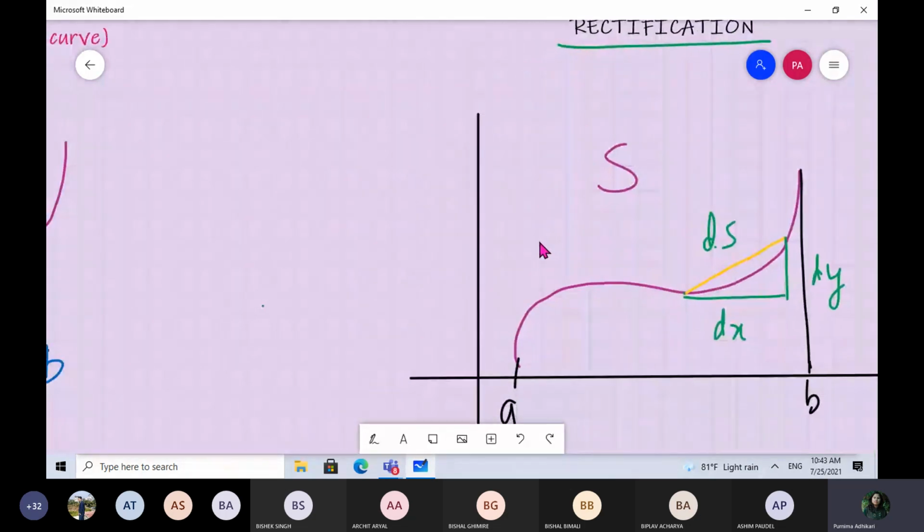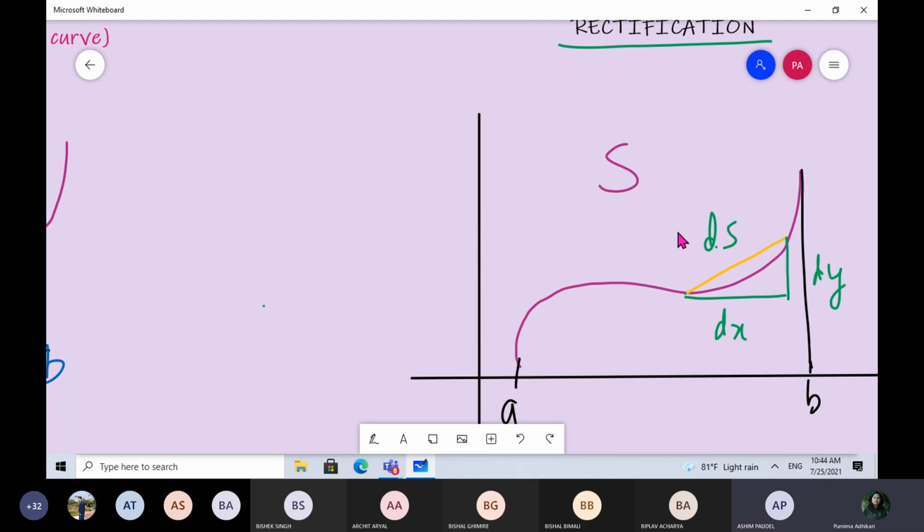Okay, you say it is infinitely small, but because I have to show you what actually is happening, I have enlarged it and am showing it to you. So this yellow line is the infinitely small line, and then dx is the small change in x, and this small change in height is dy. So what is going to be your ds in terms of dx and dy?